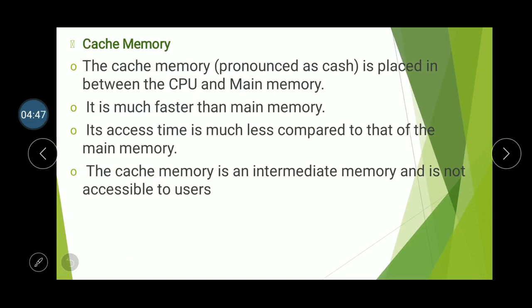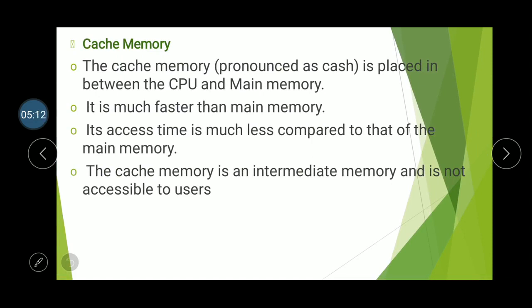Next memory is cache memory. Cache, the spelling C-A-C-H-E, is pronounced as cache. It is placed in between the CPU and the main memory, or primary memory.